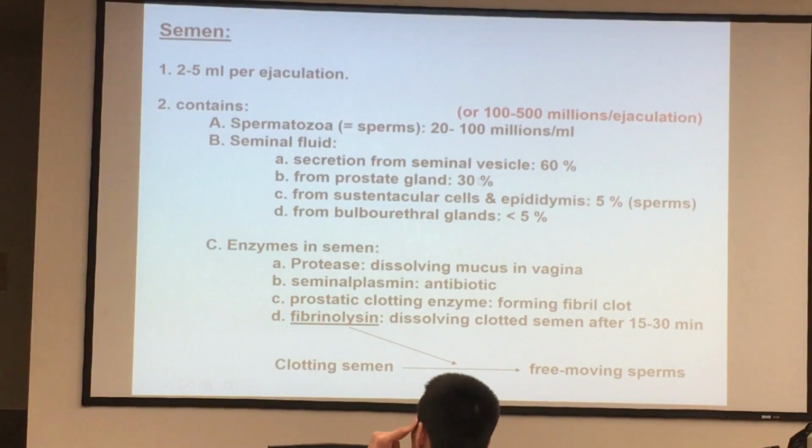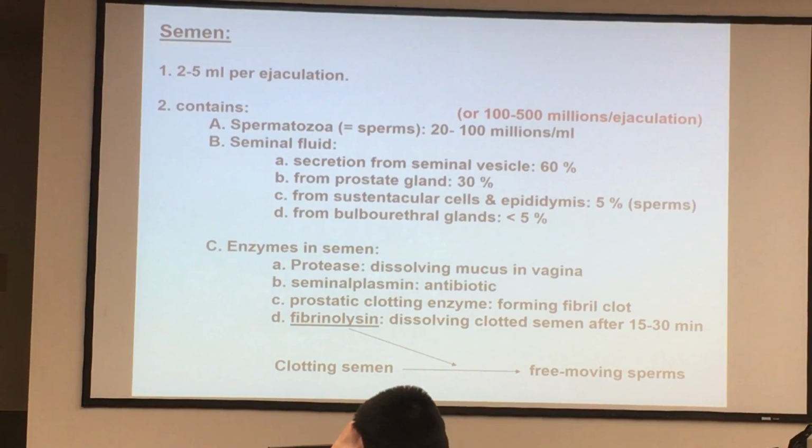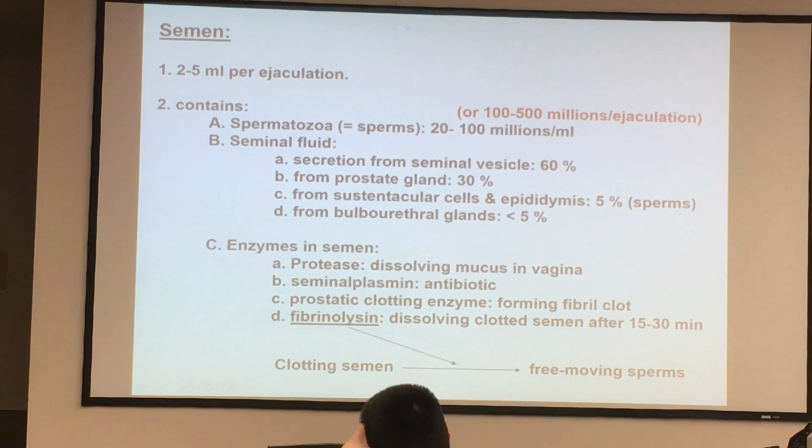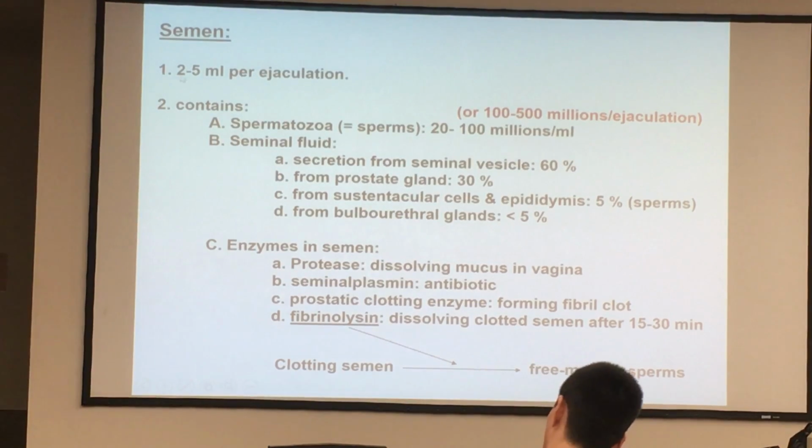All right. Now we continue to go down to the semen. That means the sperm mixed with the fluid. If you are a healthy one, not very sexually active, normally you should have one ejaculation of 2 to 5 ml.